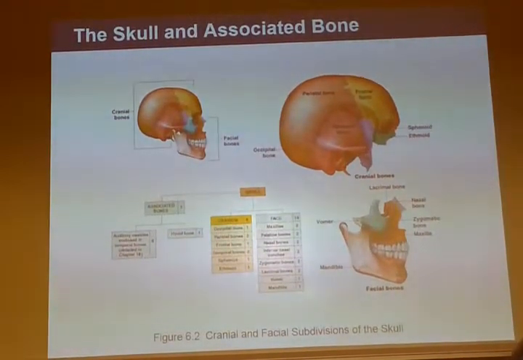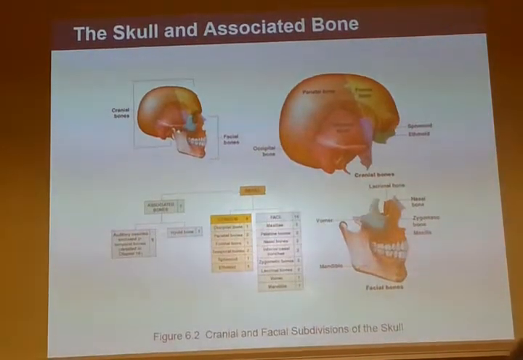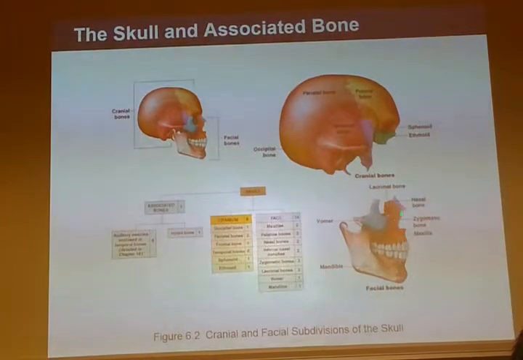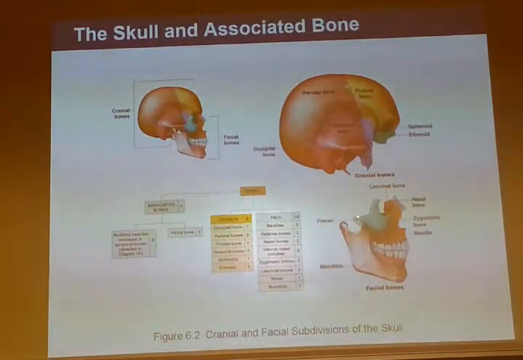14 bones. Each side of your face is going to have a zygomatic bone. It's going to have a nasal bone, maxillary bone, and mandibular bone. The vomer, there's only one vomer.